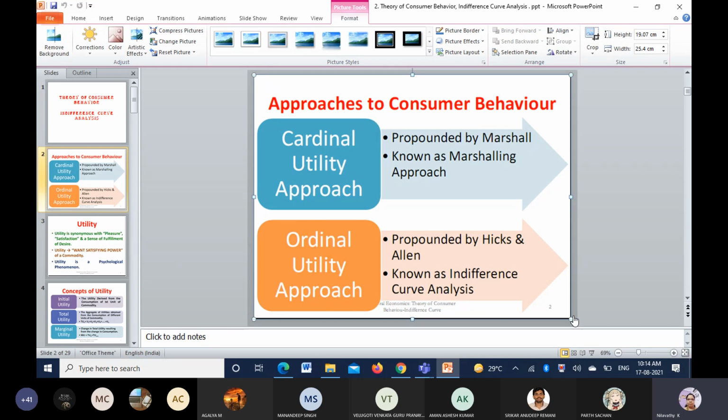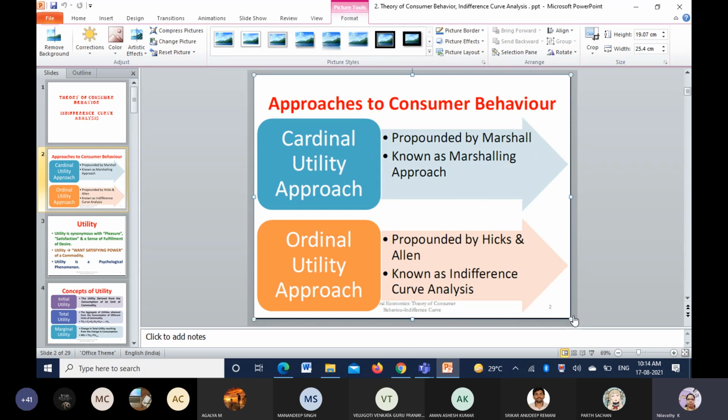Based on this ranking, analyzing the preferences of most of the students becomes an ordinal utility approach. Many things in economics we can analyze only through ordinal utility approaches.